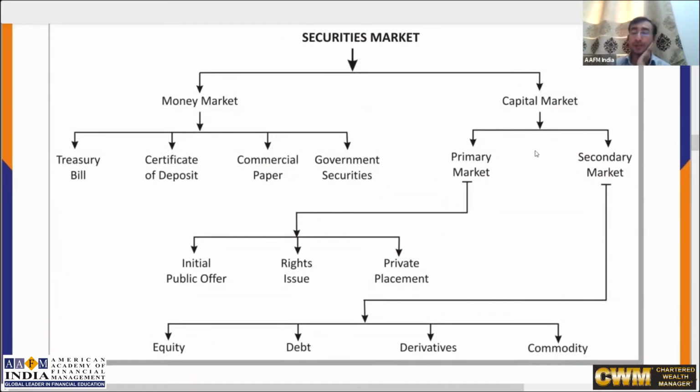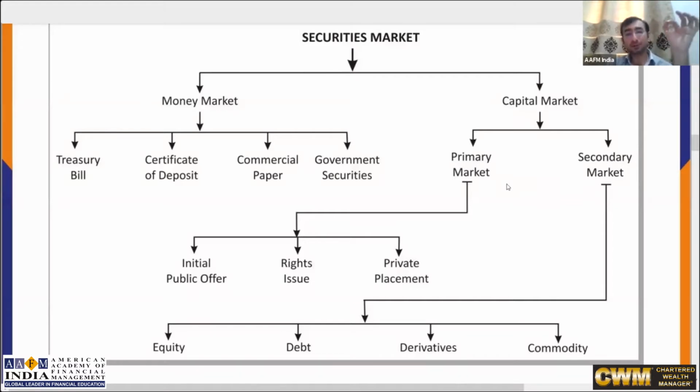Under capital market instruments, you have the primary market and the secondary market. The primary market is that market where the security is issued for the first time, where you are buying the security directly from the issuing company.